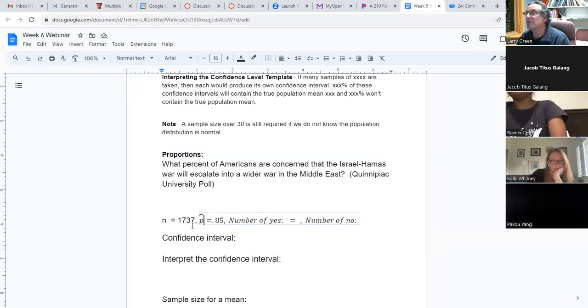Yeah, that's a sample proportion. So the sample proportion of the surveyed Americans who are concerned that the Israel-Hamas war will escalate into a wider war in the Middle East is 0.85. It'll make it easier to read, 0.85, same thing. You can also say 85% of those sampled are concerned that the Israel-Hamas war will escalate into a wider war in the Middle East. Do you see that?